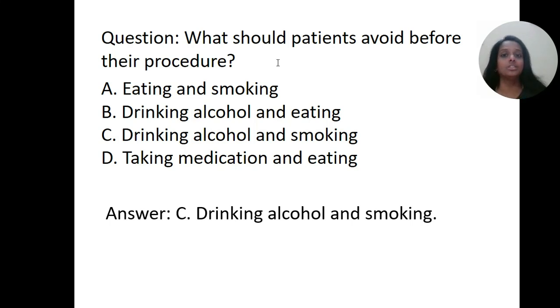If you want, you can just go back and look for the passage. That is the only option mentioned directly. But if you see for eating and smoking or taking medication and eating, that was not mentioned directly. Got it? So, this is how you have to skim and scan through the passage in order to get the right option. Now, let's move on to our next example.